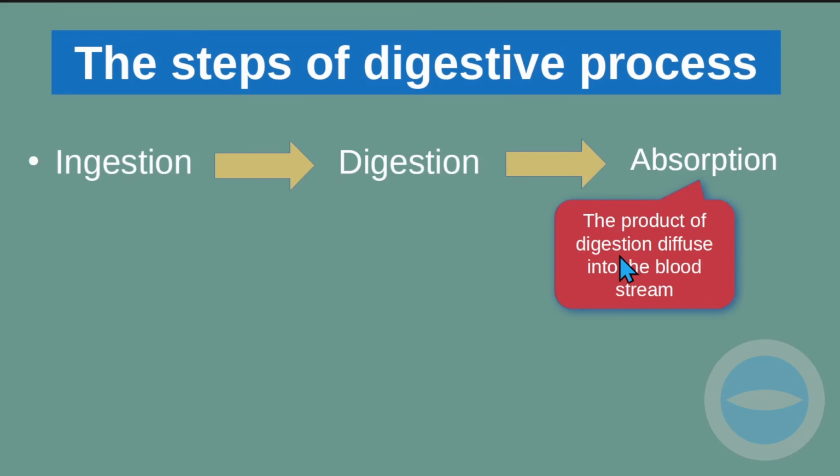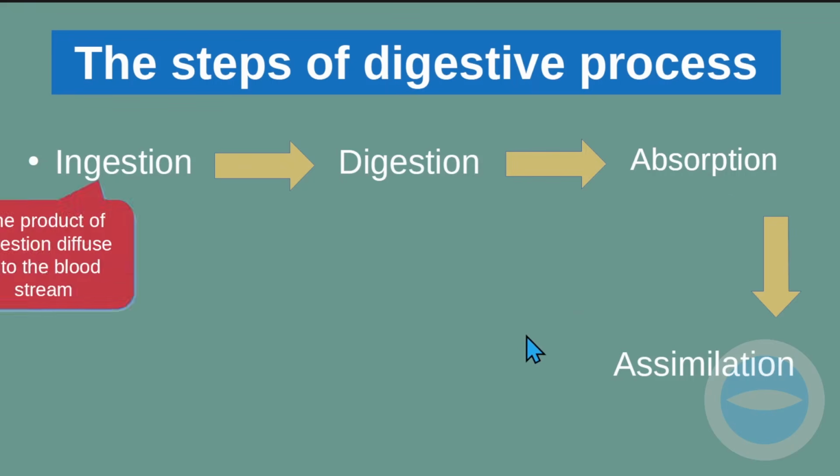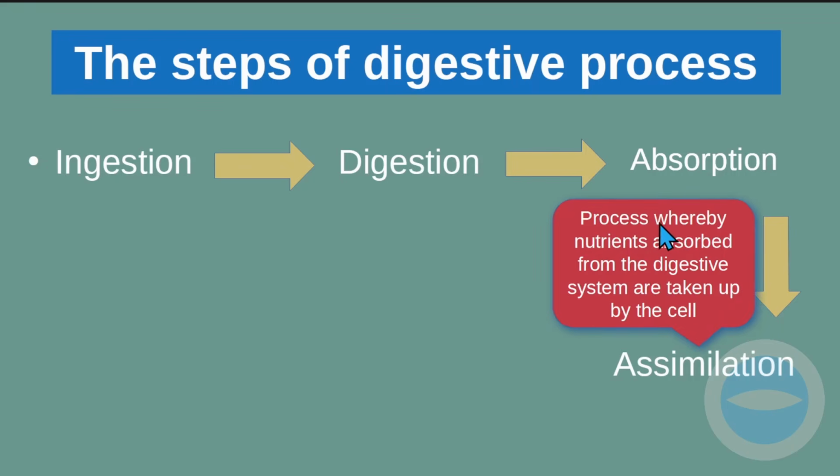And after absorption, the next step is assimilation. Assimilation is the process whereby nutrients absorbed from the digestive system are taken up by the cells. So assimilation is when the cells receive the nutrients that are absorbed in the digestive system.